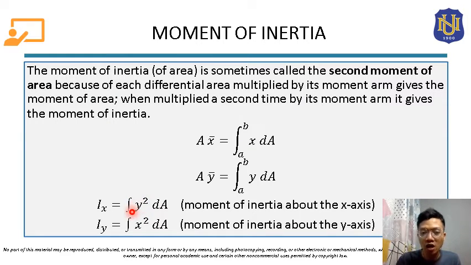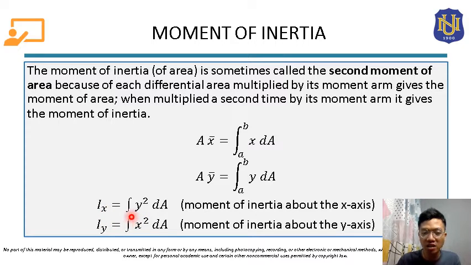This integral of y squared dA is the moment of inertia with respect to the x-axis, or the moment of inertia about the x-axis. It is written this way: I sub x. I means moment of inertia, and the subscript is the reference axis where we measure the moment of inertia.